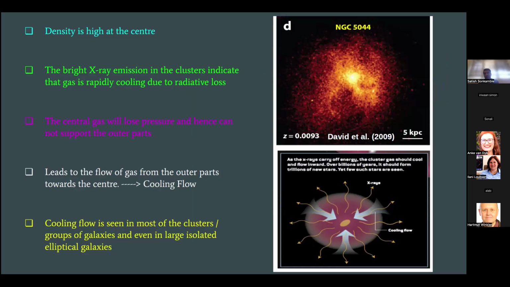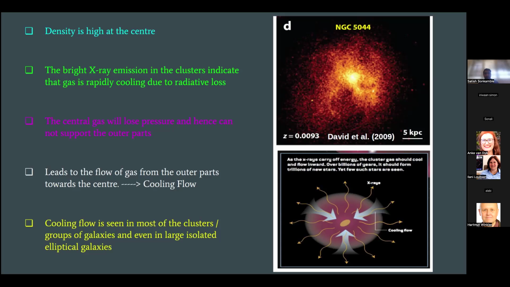If you look at the X-ray images of any group or cluster, at the center you see bright X-ray emission where the density is high relative to the outer part. A bright source at the center means that the cluster or group is rapidly emitting X-rays and rapidly cooling down due to radiative losses.